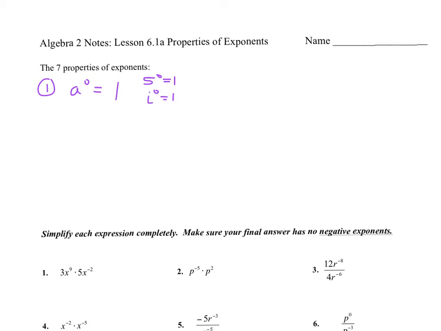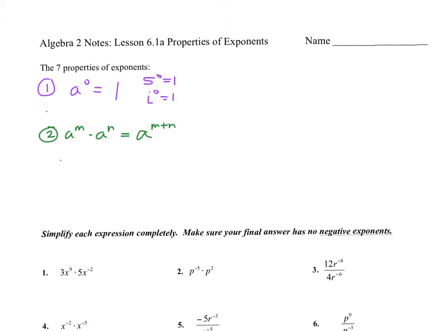Second property, if you have a to the mth power times a to the nth power, does anyone know what you do with that m and n? You add them, okay? So in this situation, you're going to take a to the m plus n. You can kind of think of it this way.